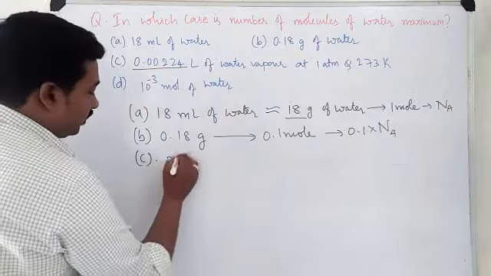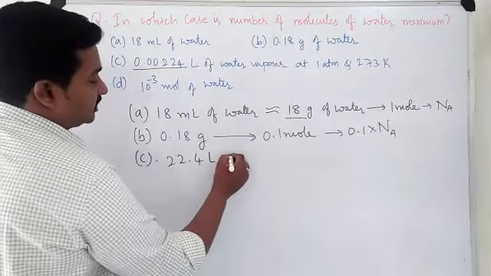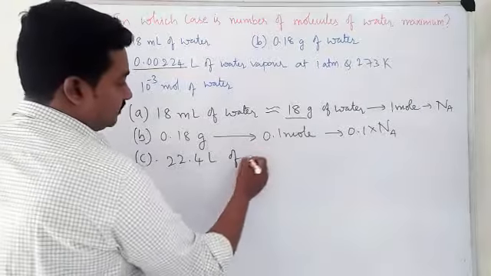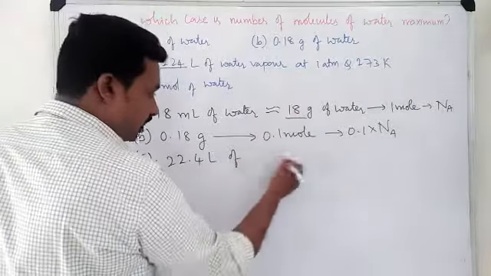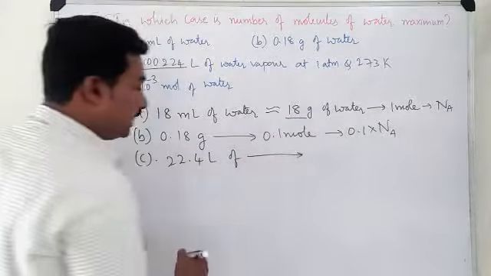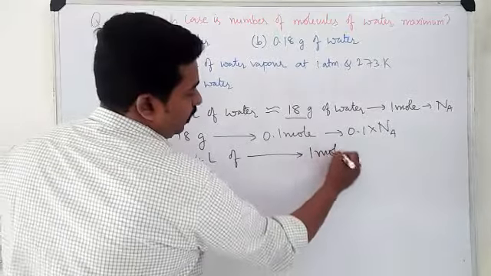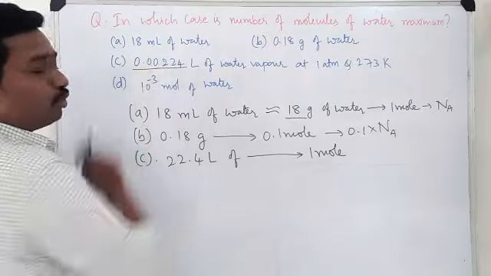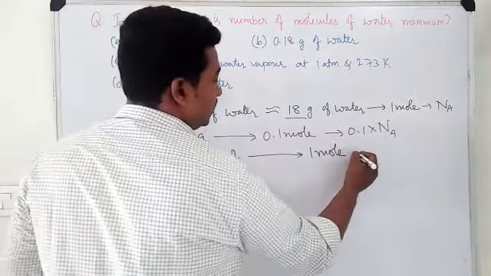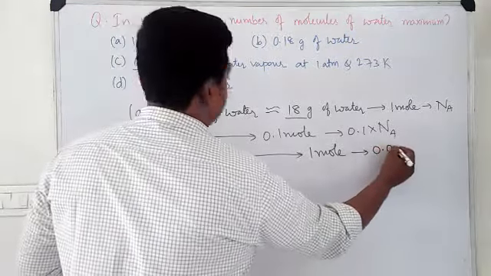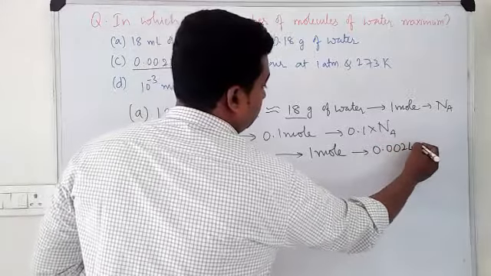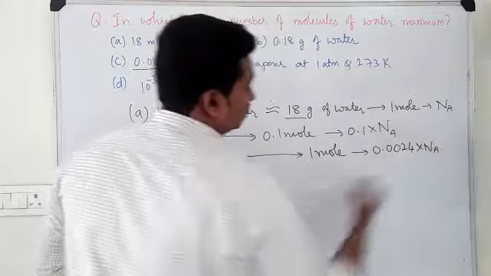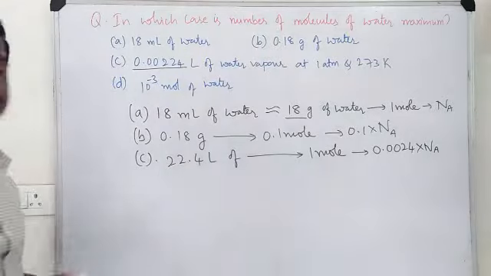We know that 22.4 liters of any gas, let it be vapor of water or whatever, is said to be 1 mole, but it is given 0.00224 liter, which means we have 0.0001 into Na, which is even lesser than the second option.